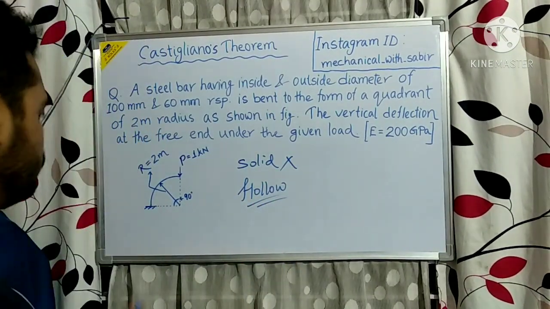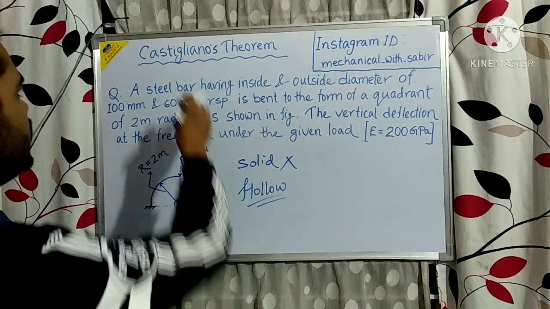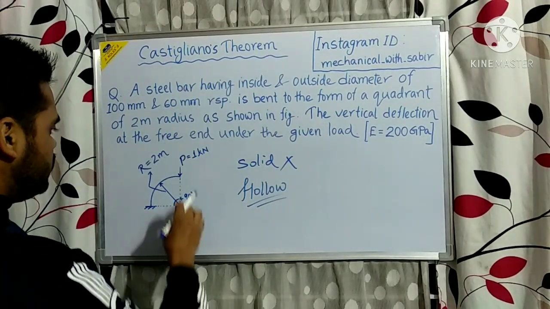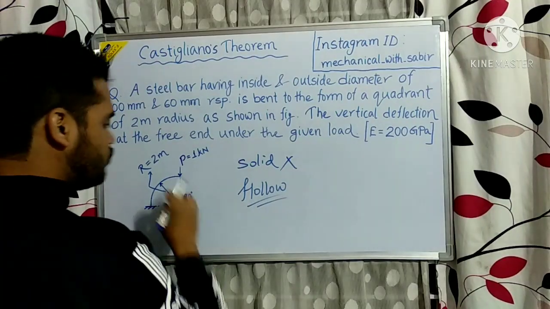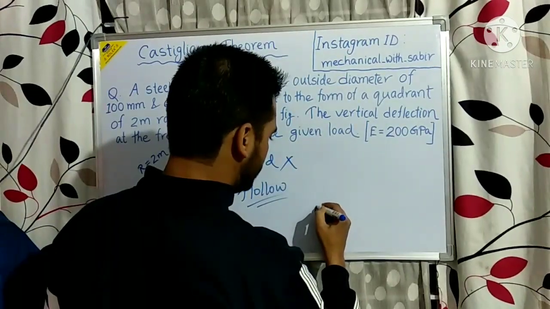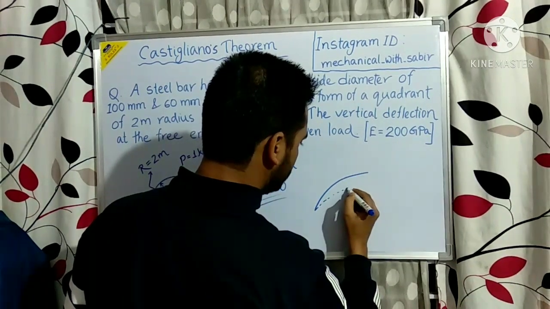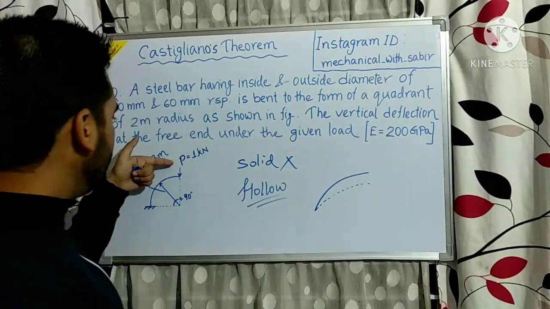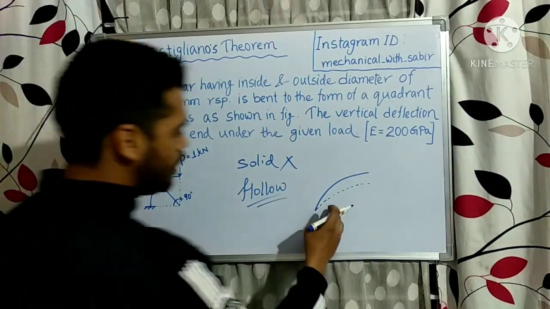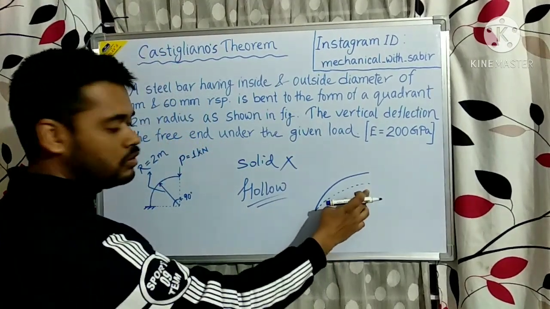According to Castigliano's theorem, before telling about it, let me show you the situation after applying the load. When you apply the load P, the bar will bend in the form of almost like this.